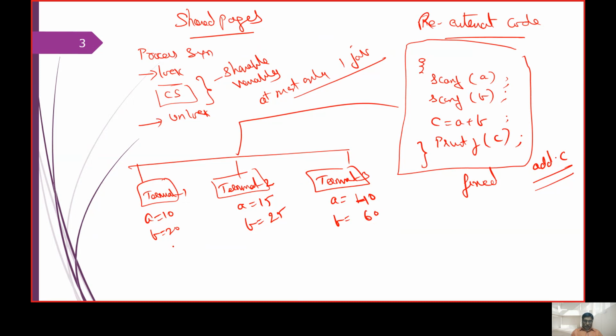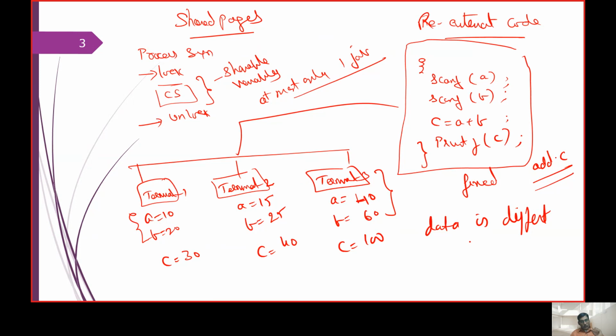Obviously, in all these cases, the code is not changed. The data is different. The data we supply is different, and the code is common. There is no change of code.